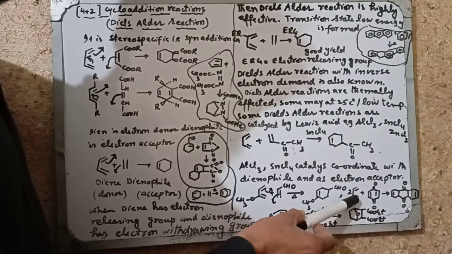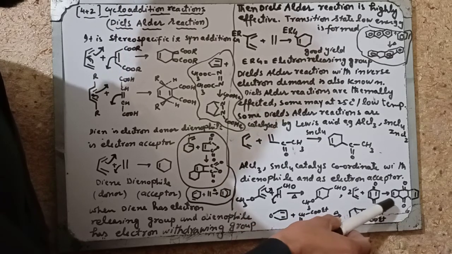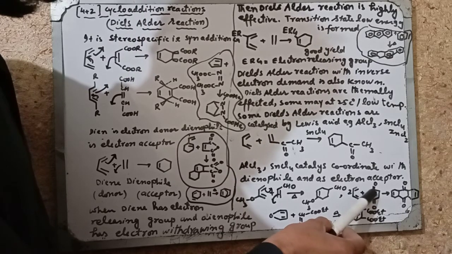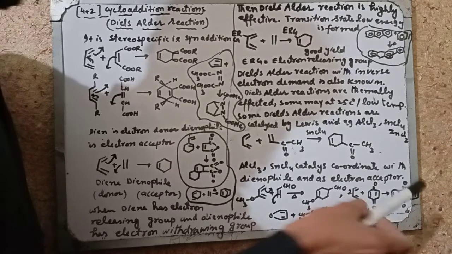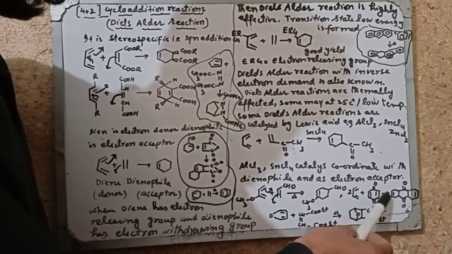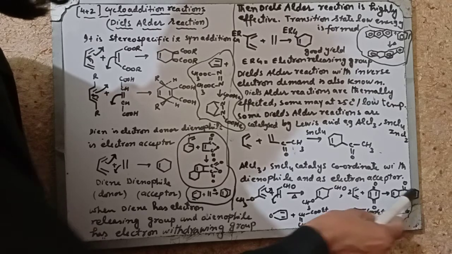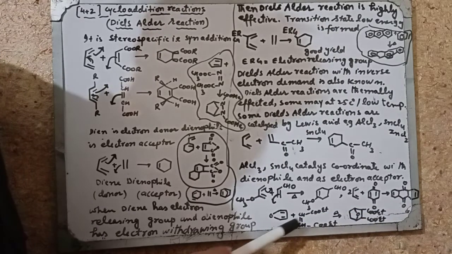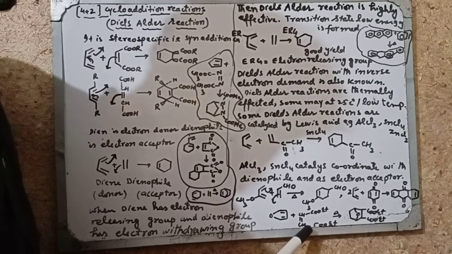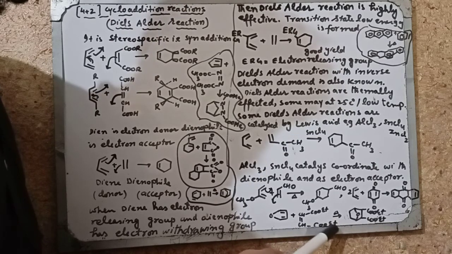These are two molecules of 1,3-butadiene. This is the ketone, dione, and the substitution takes place on this carbon and on the other side; on both sides the substitution takes place. Cyclohexene is attached on this side and this side. This is another example. This is furan. This is the substituted dienophile, COOEt, ethyl group attached.